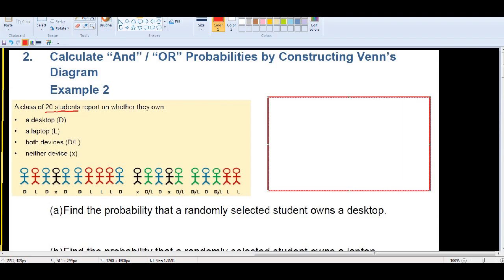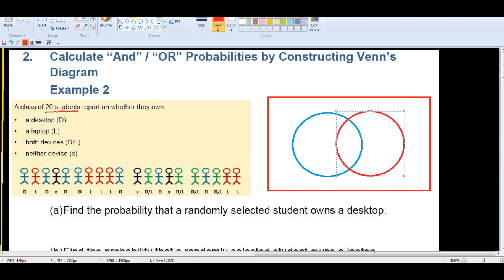So what kind of circle do we have? There are two main categories. One is desktop, so we use this blue color. And also the laptop, we use the red one, suppose.